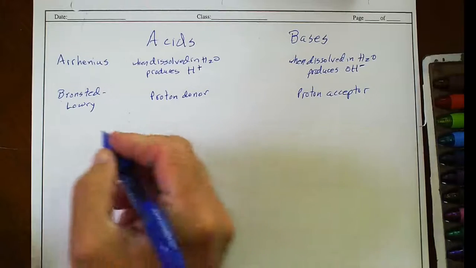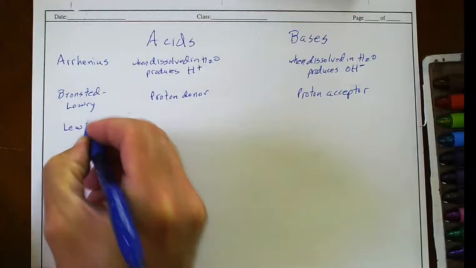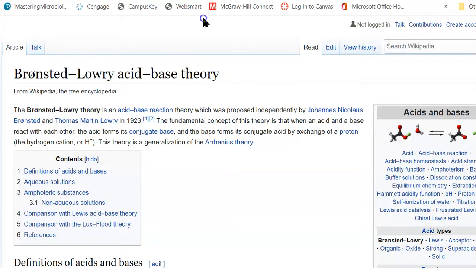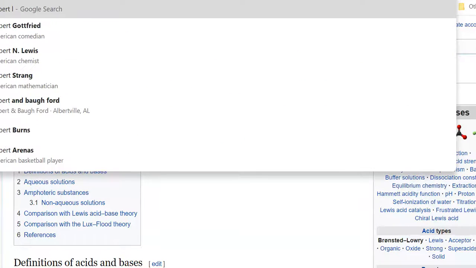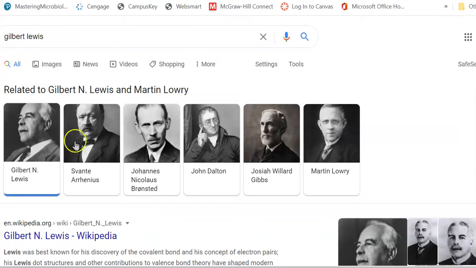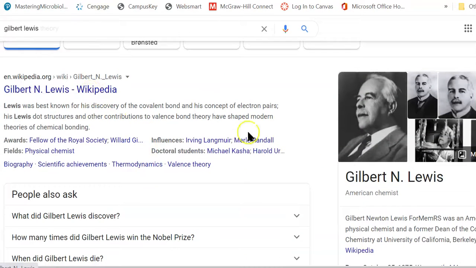All right, a third definition comes to us courtesy of the great American chemist Gilbert Newton Lewis. And let me see what we can find about Gilbert N. Lewis. Here he is. Here's the Wikipedia article. Here's what he looks like. He's an American physical chemist.